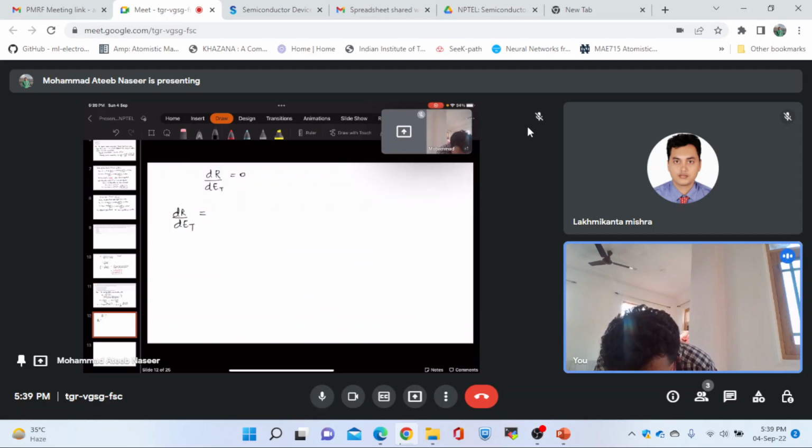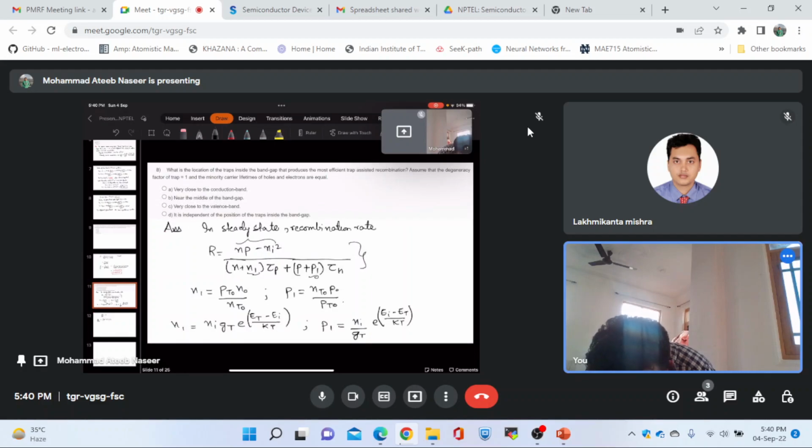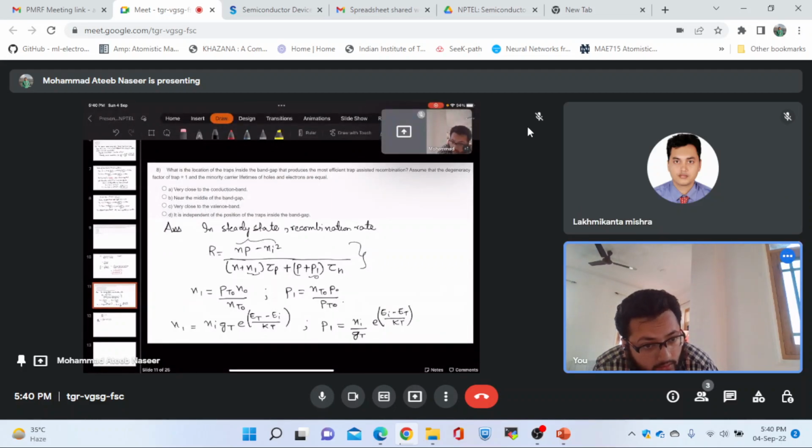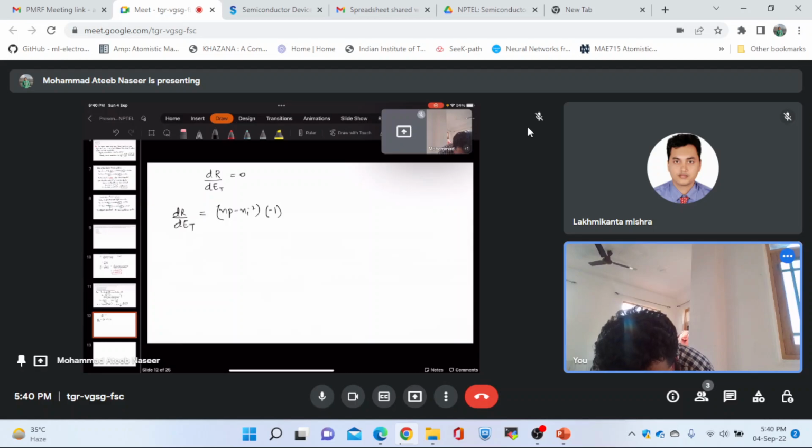So this will simply be equal to np minus ni square, minus times the derivative of the denominator, which is tau p times dn1 by dEt, and for the holes tau n times dp1 by dEt.